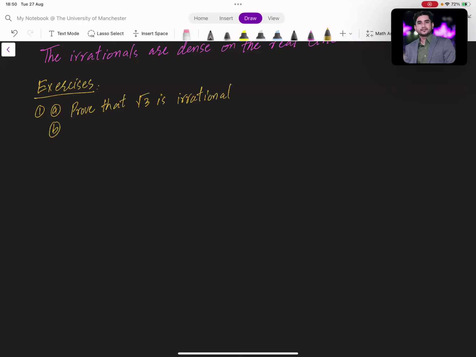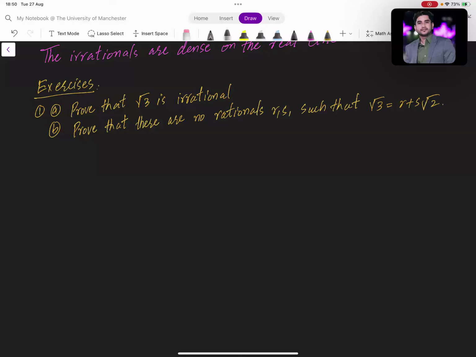And B is prove that there are no rationals r, s such that under root 3 is r plus s into under root 2. Okay.